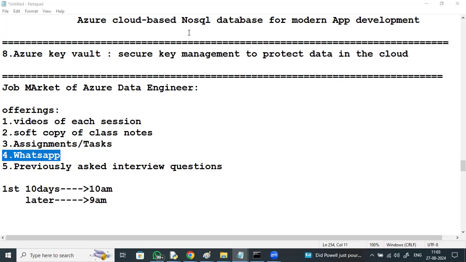People generally make a mistake: when they get enrolled, they pay the fees but don't send the payment screenshot to the mail ID provided, Durgasoft online training at gmail.com. It is given in bold and underlined form. Once you send the screenshot to them, they will forward the paid link from day after tomorrow, since the link is changing.